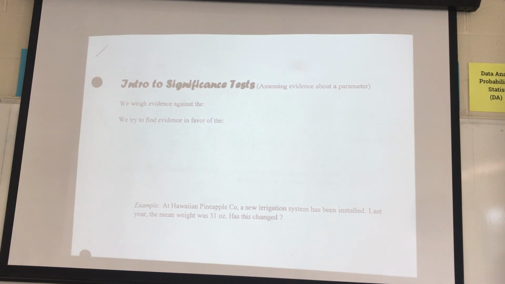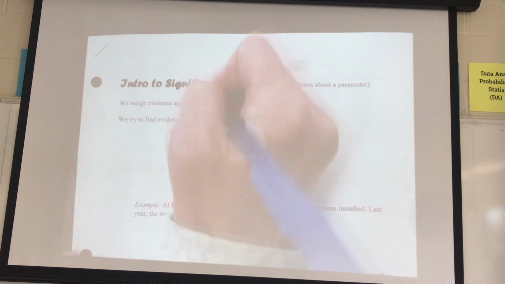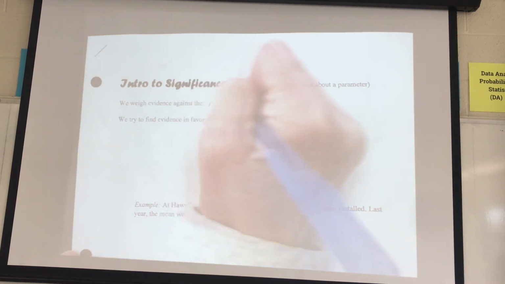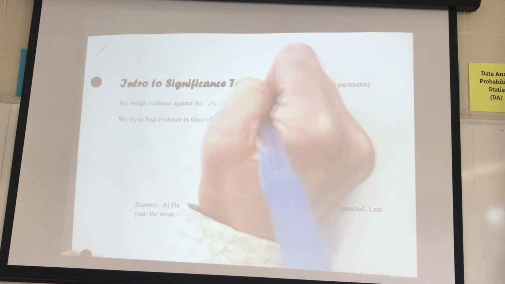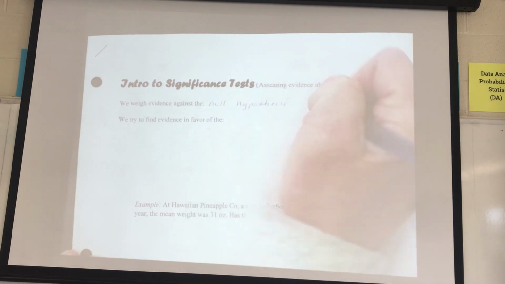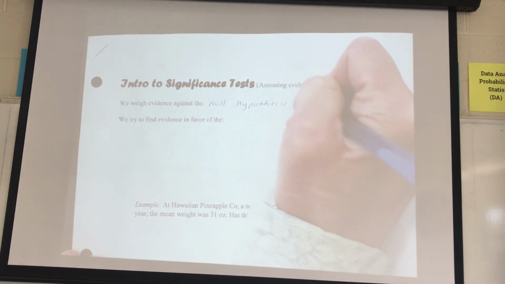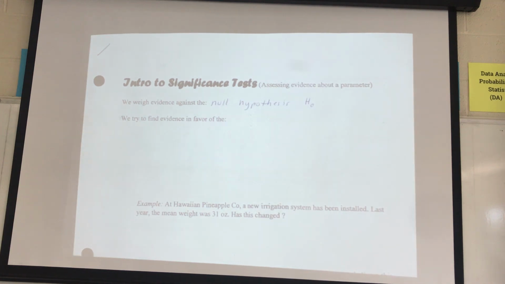So when we are looking at a significance test, we are looking to weigh evidence against what is called the null hypothesis. Now, you may have talked a little bit about hypothesis testing in a science class, maybe. Like when you do those big science projects at the end of the year, there's some hypothesis test stuff. The null hypothesis is H sub 0.